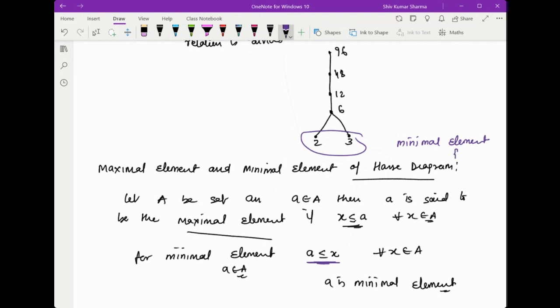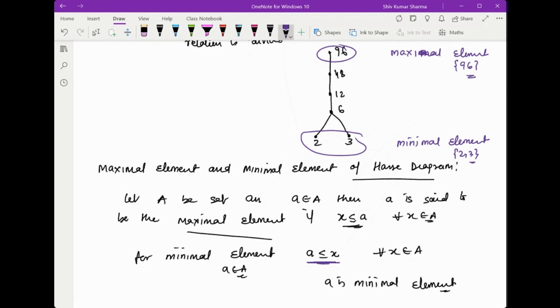So 2 and 3 are called the minimal elements, and 96 is the maximal element, meaning there is no element above it.